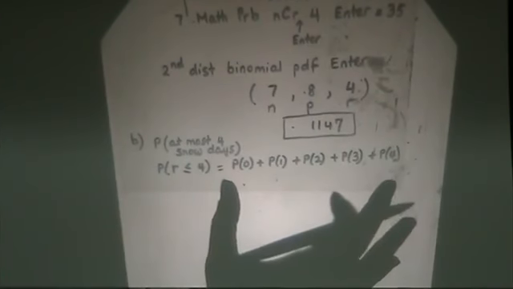Agree? So I want the probability of no snow days, or 1, or 2, or 3, or 4. I would have to do 5 of these products to get the answer.